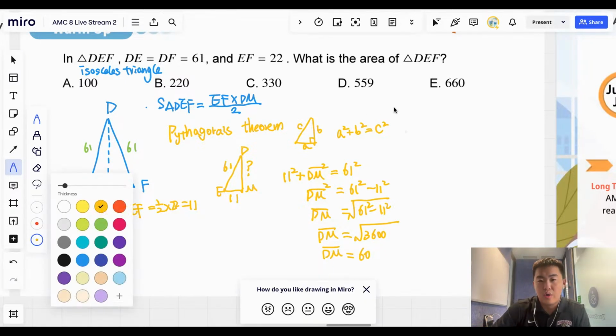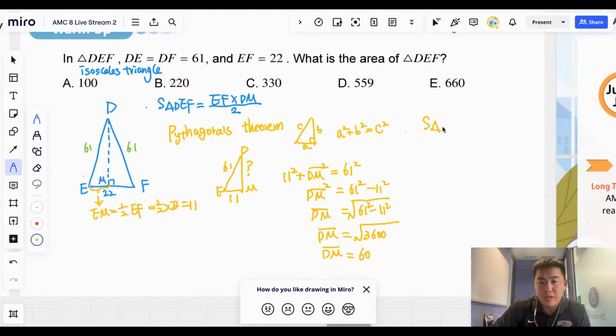So the area of triangle DEF, which I have right here, is just EF times DM divided by 2. EF we know is 22, and DM we know is 60. So the numerator is the product of 22 times 60, and the denominator is just 2.